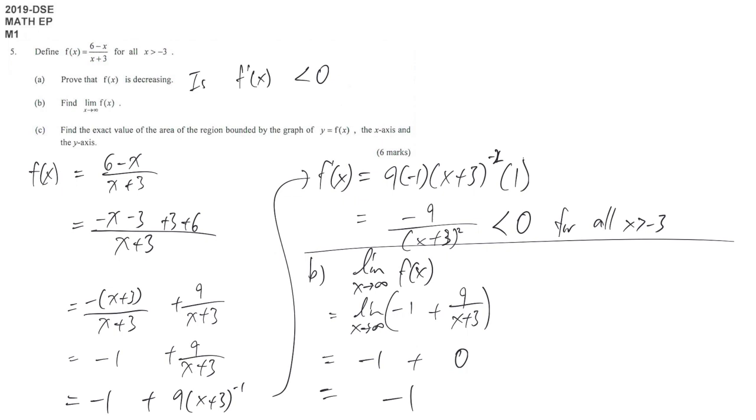In part C, basically y equal to f x is something like this. And then it's kind of beyond negative 1, and also x is only larger than negative 3. In case you don't know exactly how it looks, you may just roughly draw it.